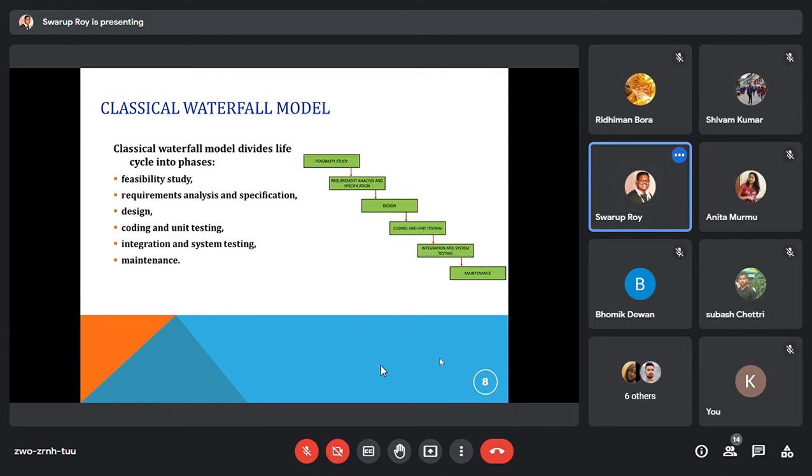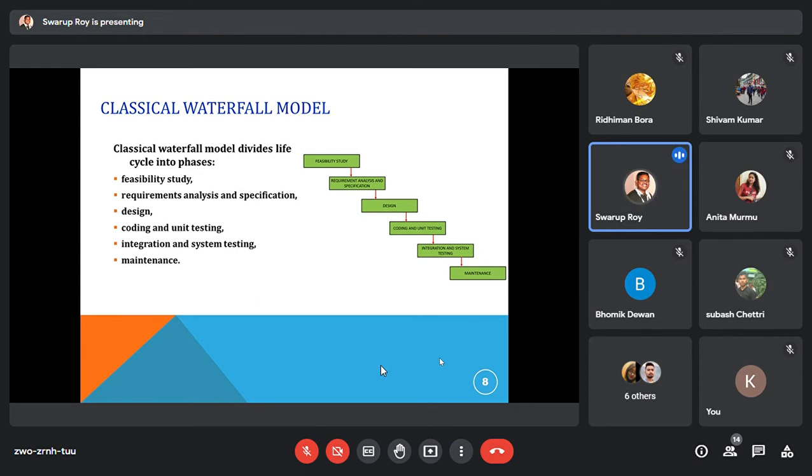Now we have seen the different phases of software development: feasibility study, requirement analysis and specification, design, coding and testing, integration and system testing, and maintenance. Now, why has the name waterfall been given?